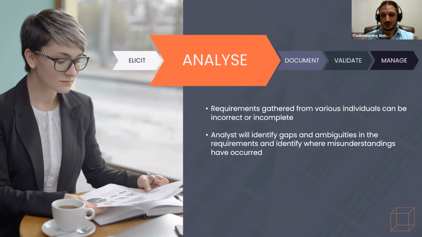When we produce the requirements documentation at the end, we don't want to give requirements that don't make sense to the developers, because we don't want the developers to come back to us once they've initiated the development process and say, look, these requirements you've given us, we don't quite understand what you mean here. We can see that this requirement looks related to this one, but is it really related?